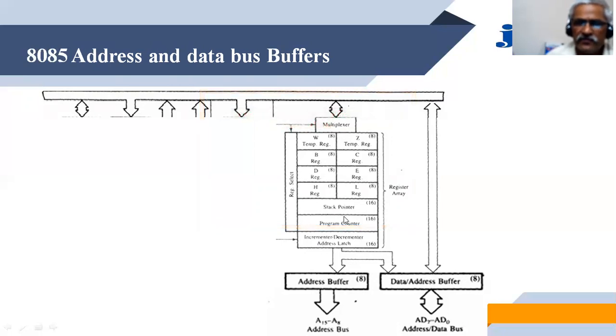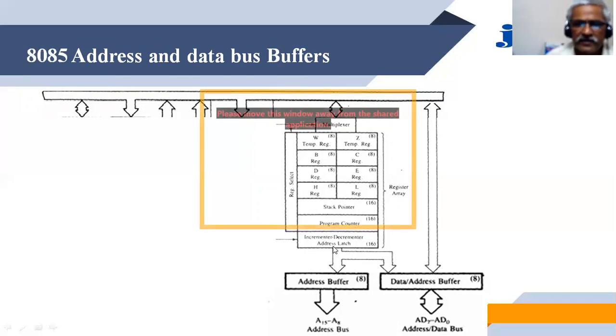It reads the data from the program counter. Program counter transfers it to these address latches after the address has been incremented or decremented for the address of the next instruction. And then this address can point to the address of the memory.